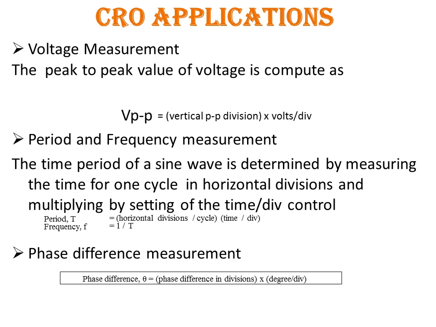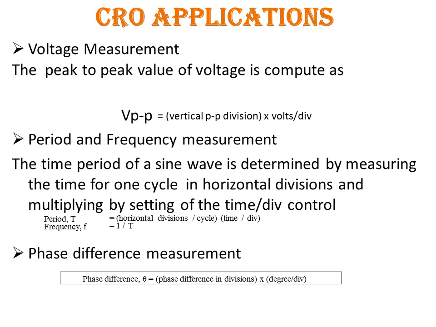When we use the CRO for measuring the voltage, the peak to peak value of the voltage is computed as the vertical peak to peak division multiplied by the volts per division in the CRO. This will give the peak to peak value of the voltage, from which the RMS value of the signal can be found out. Then we have the period and frequency measurement.